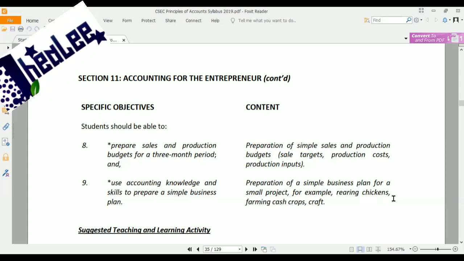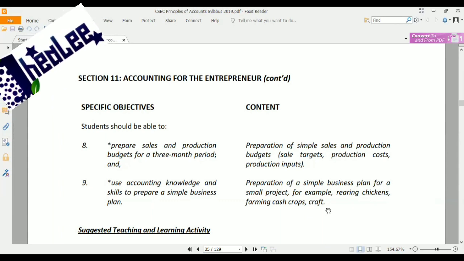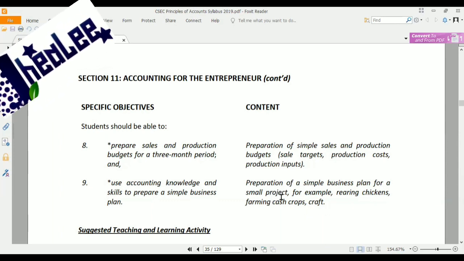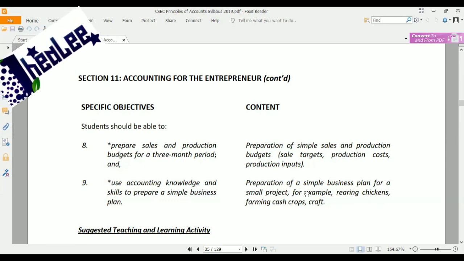For example, like rearing of chickens, farming cash crops, doing craft, making jewelry, etc. Right? So they might ask you to do a business plan for that. And you're seeing the asterisk, you need to practice writing business plans. But once you know what should be under which category, then you're able to do that.